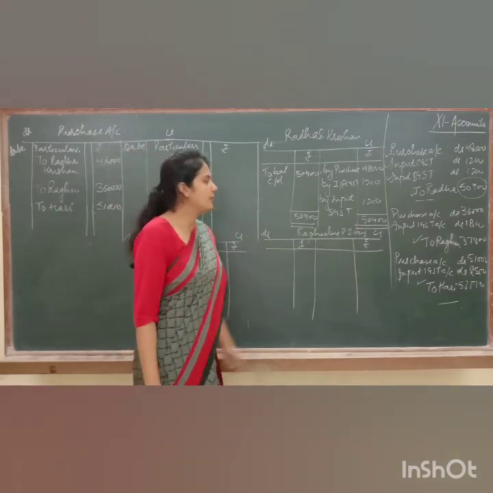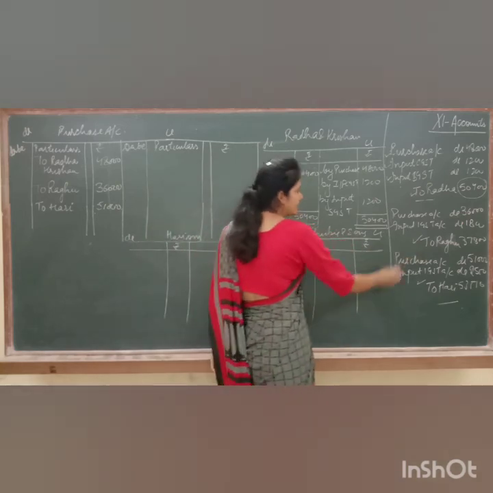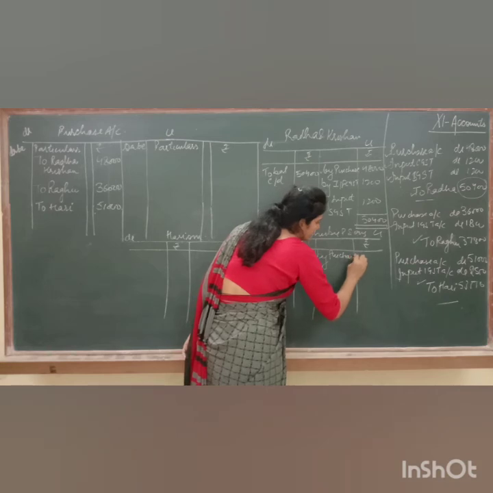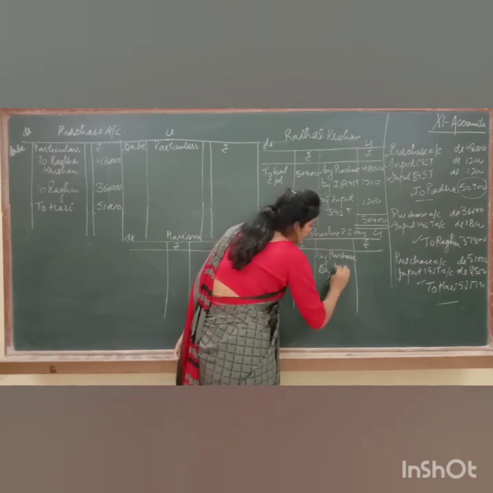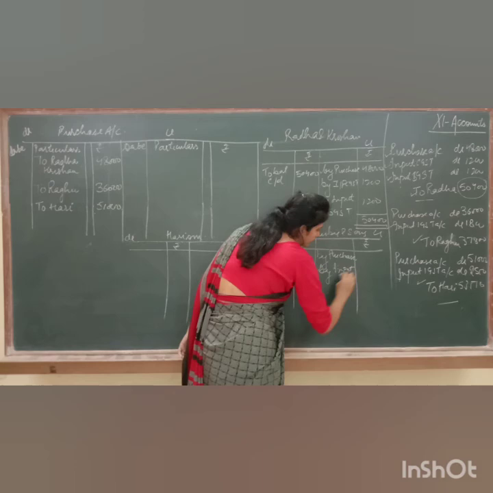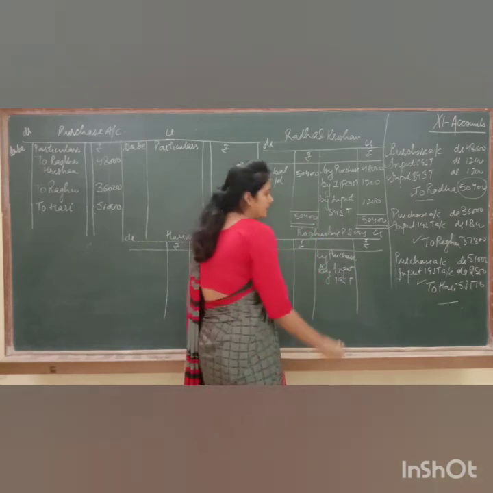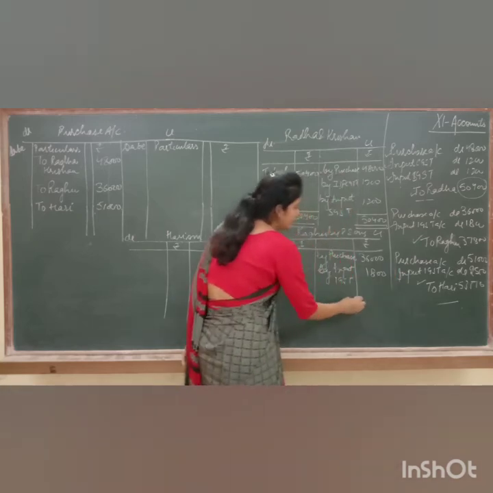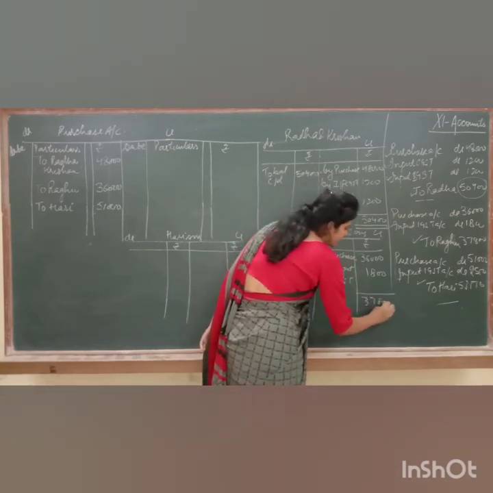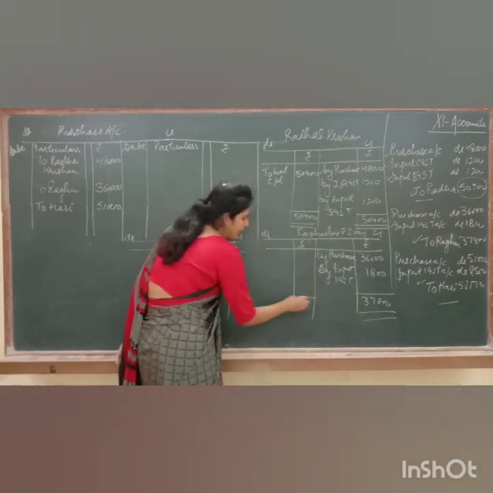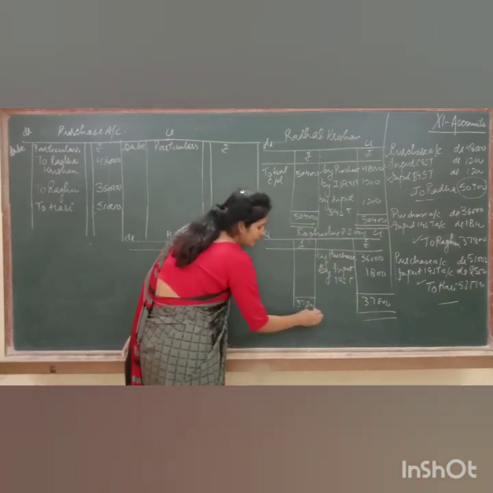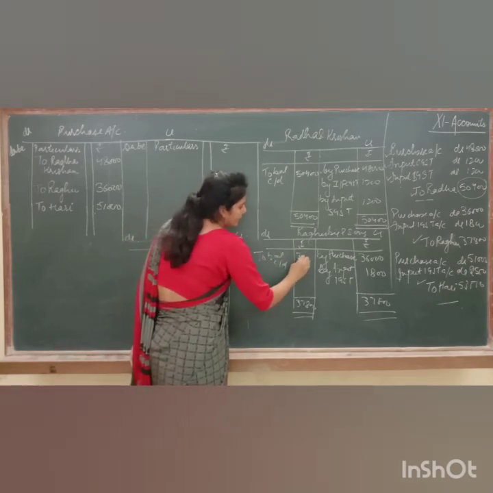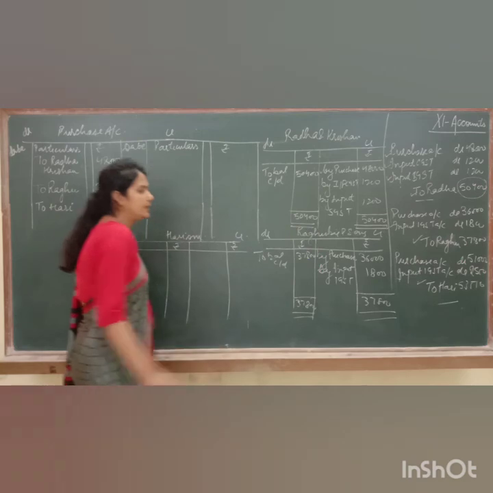Then come to Raghuveer and Sons. Again, Raghuveer and Sons has been credited by purchase and by input IGST. Purchase is 36,000, IGST 1,800. Again, the credit side is greater, it's clear. So we write the balance of the side which is greater on both sides. We'll write here to balance carried down to make the sides equal.